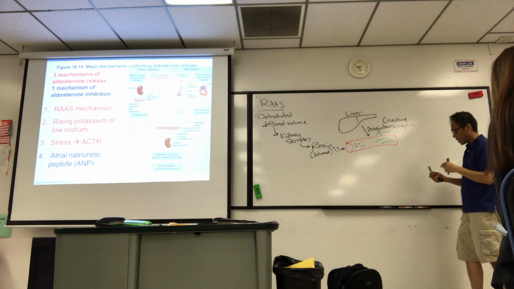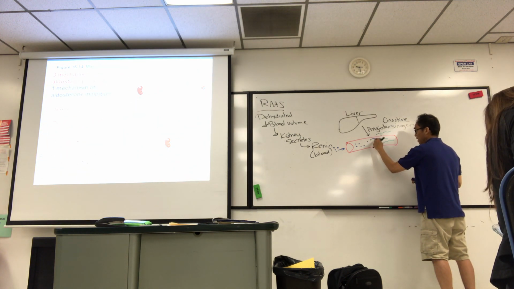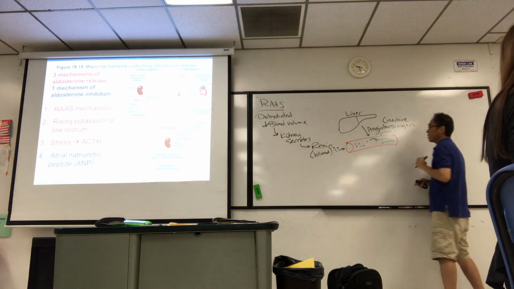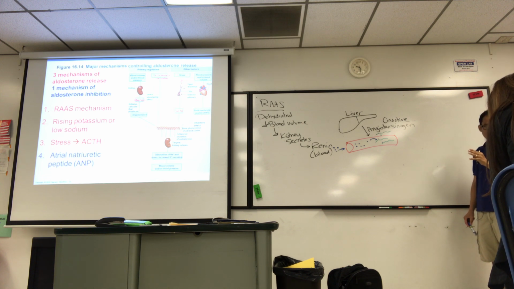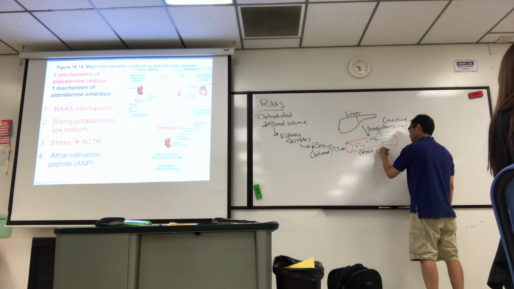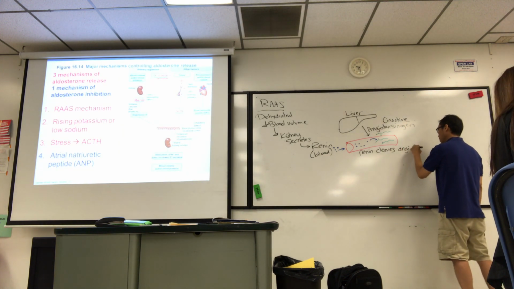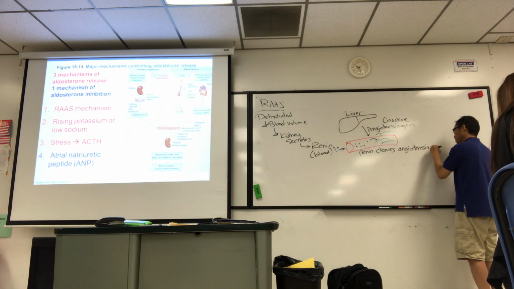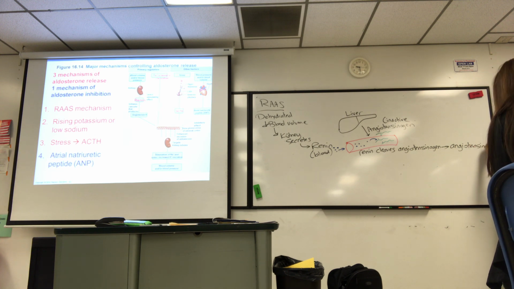What will happen is renin is a cleaver. It'll act on the angiotensinogen: renin cleaves angiotensinogen and converts it into a molecule called angiotensin I, Roman numeral 1.